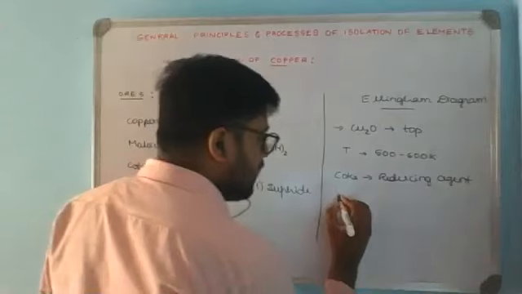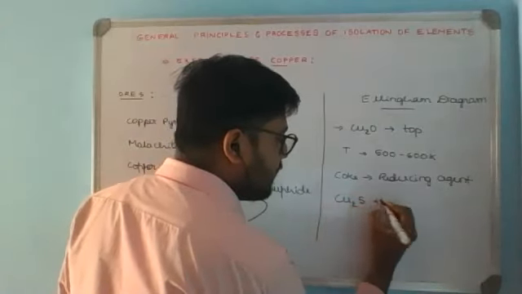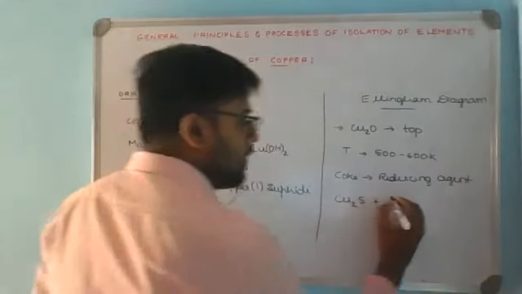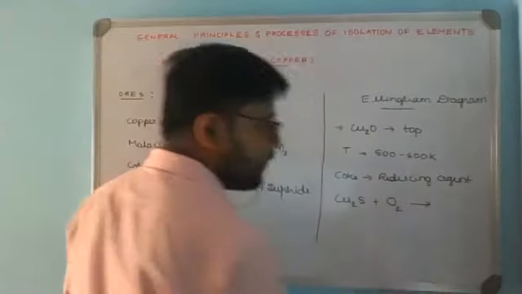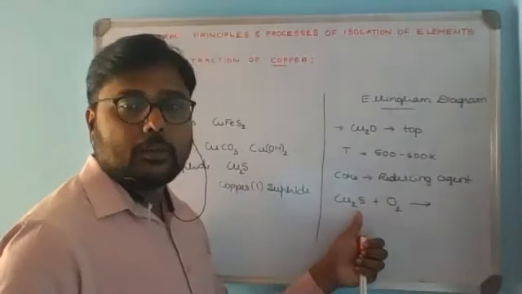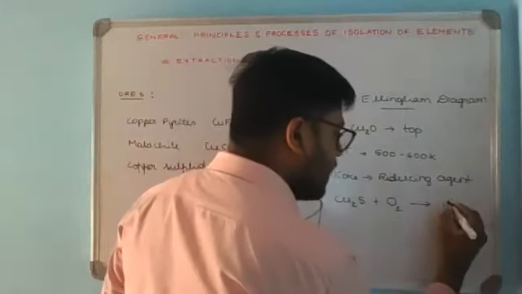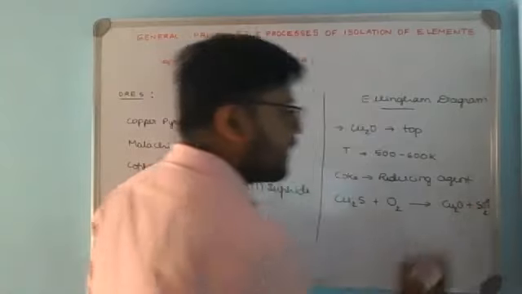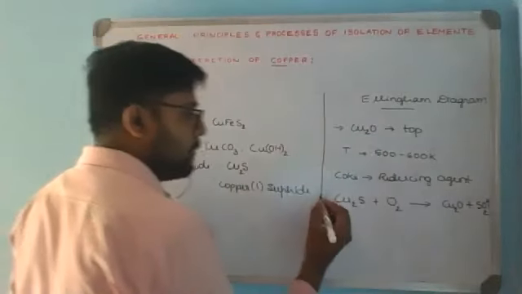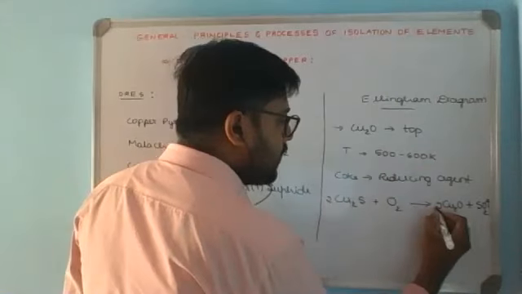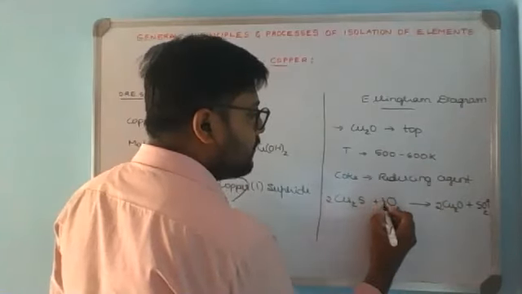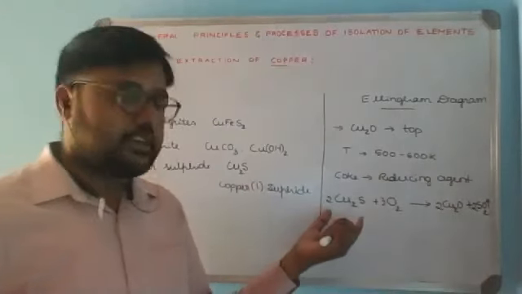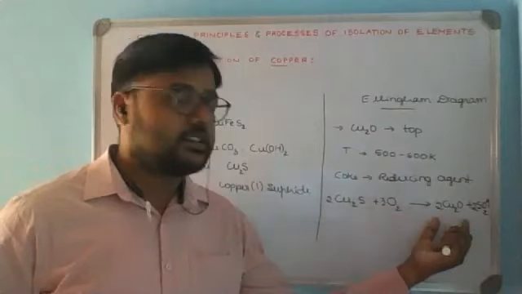That means, if we observe, Cu2S is the major ore of copper, copper sulfide. Upon roasting, we know that sulfide ores get converted into their oxides: Cu2O, with the liberation of sulfur dioxide gas. So if we balance the equation, this is how the sulfide ore of copper gets oxidized to oxide.